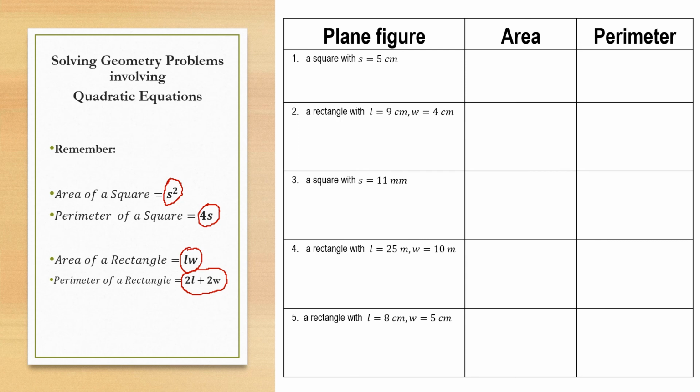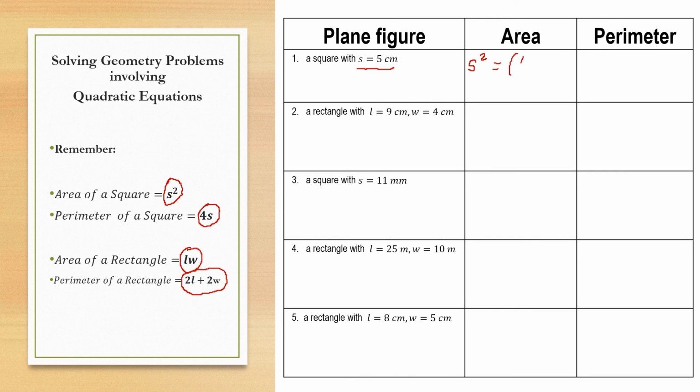Let's have some examples. So for number 1, find the area and perimeter of a square with a side which measures 5 centimeters. So for the area of the square, it is equal to the square of a side.